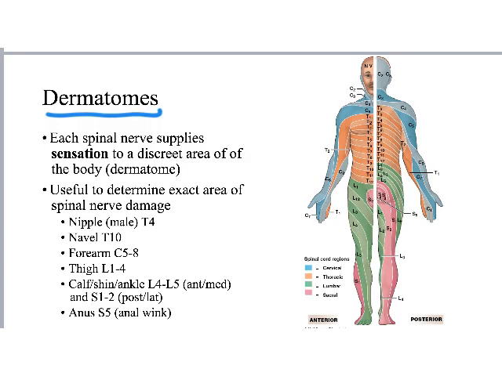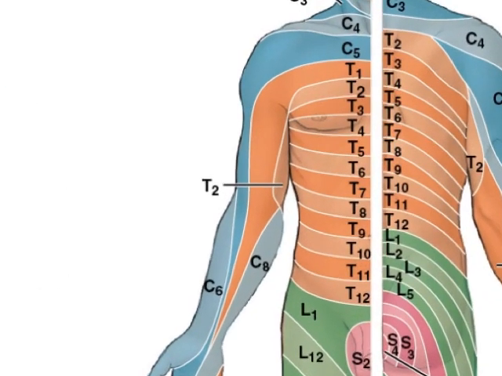And so, for example, if we blow it up, we know that your belly button is at about T9 or T10. And so if I've got pain around the belly button, then I know the problem is going to be at the spinal root of T9 or T10. Let's say the nipple, for example, is somewhere around T4.